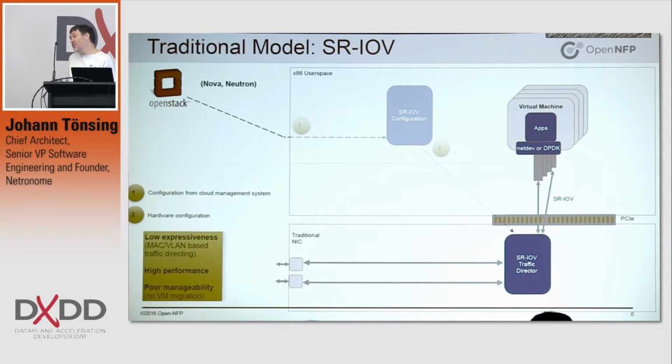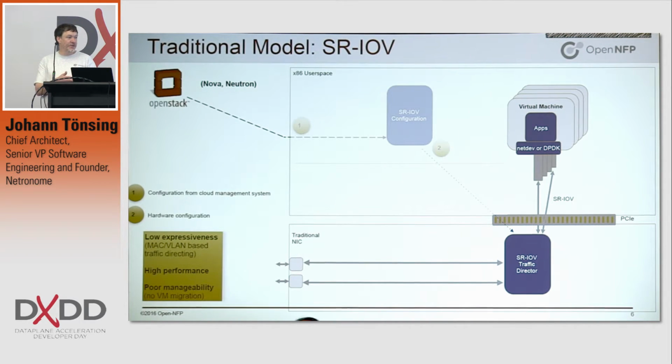Let's talk about network policies. Here you do not have any expressiveness in your policies. You're tying your VM to a MAC or a VLAN address. Whereas if you have a proper policy, you can do things like tunneling. You can do things like network address translation. You can put rules in there with statistics to give you information on what is happening in the network. Or let's say you're debugging issues.